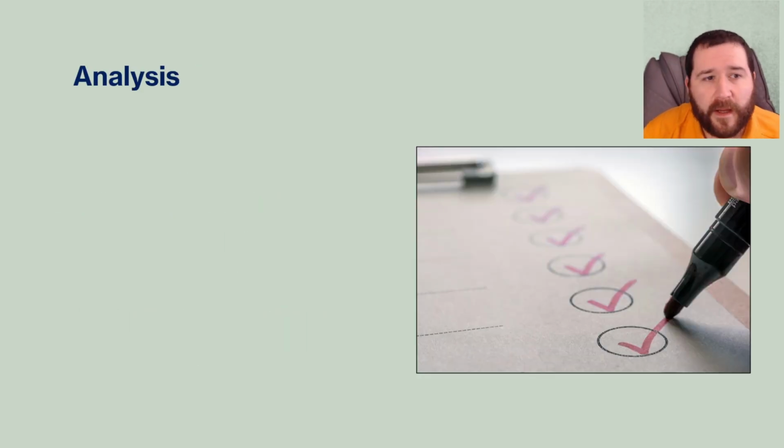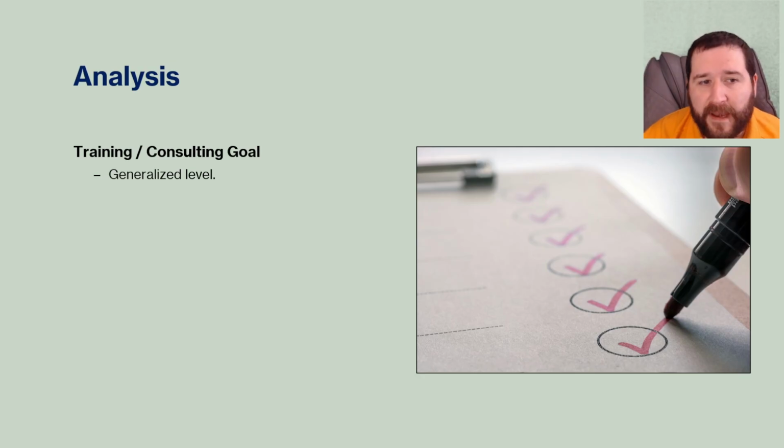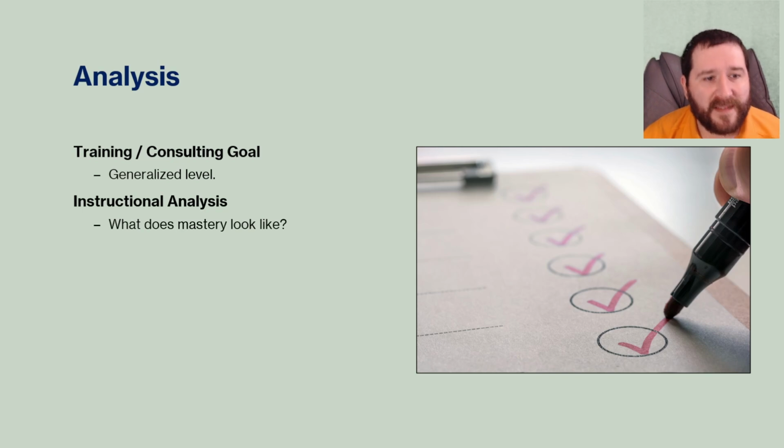Now, we are still working through our ITLD process. We're working on the analysis stage and wrapping that up today. Remember, in the analysis stage, we do things like writing our training or consulting goal at a generalized level. We consider the instructional analysis: what does instructional mastery look like in this area?